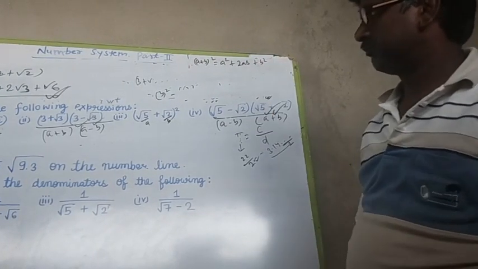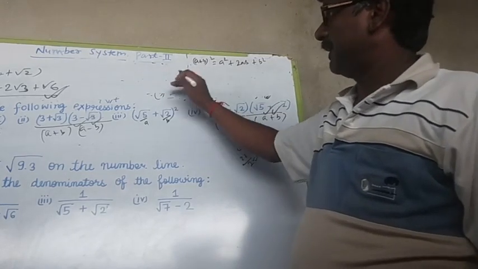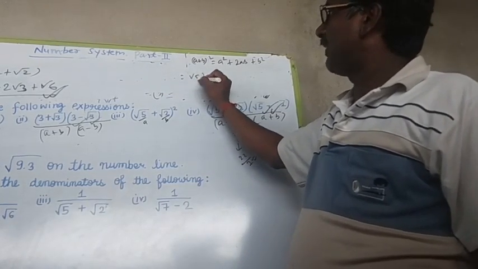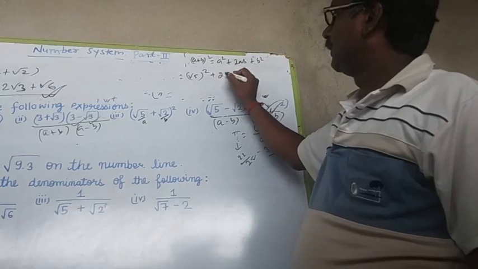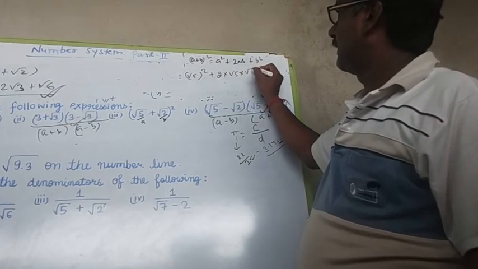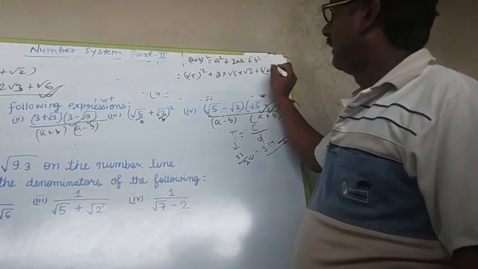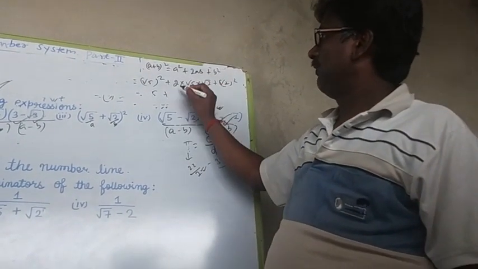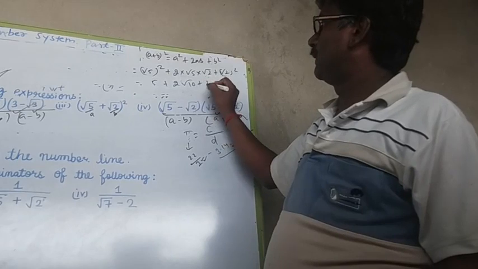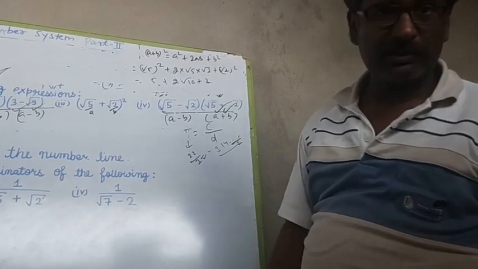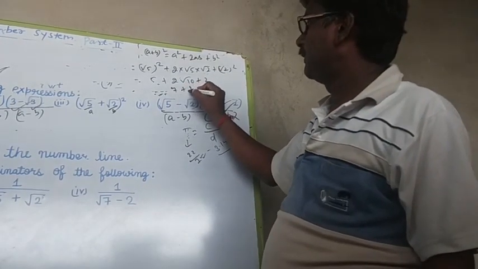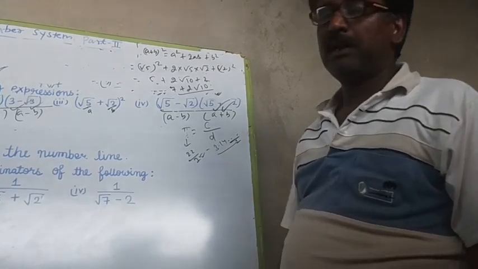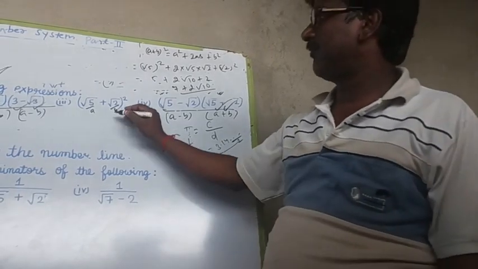So this can be written as under root 5 square plus 2 into under root 5 into under root 2 plus root 2 square. The square of root 5 will be 5, and 2 root 10, plus 2, and 5 plus 2 is equal to 7. So this is 7 plus 2 root 10. So this way we can say 7 plus 2 root 10 is the simplified form of this.